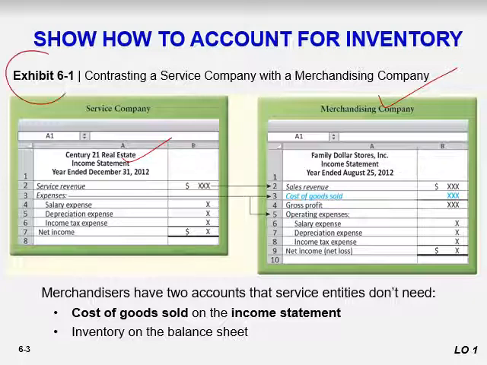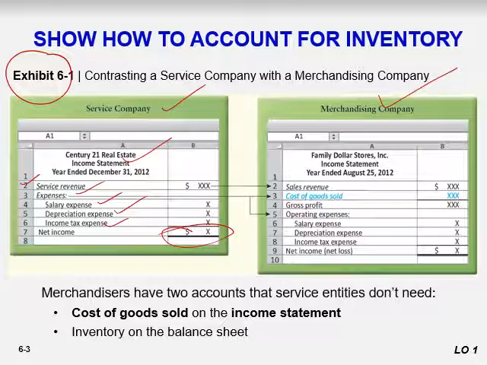So this Exhibit 6.1 highlights how service entities differ from merchandisers. Did you see something strange here? It's the format. You see, in the service industry, your sales are called service sales or service revenue, and then you deduct expenses. And what kind of expenses do you have?